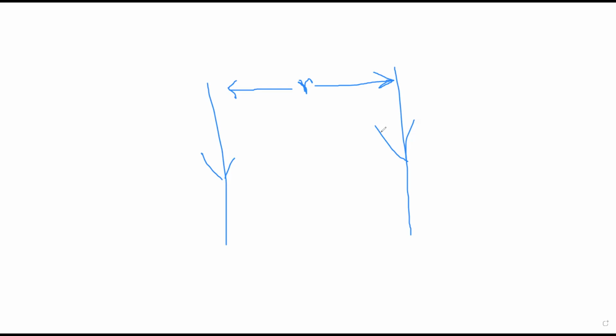And notice it says negligible cross-sectional area. These are just wires, right? Of infinite length, and you have a charge or current passing through these wires of negligible cross section.